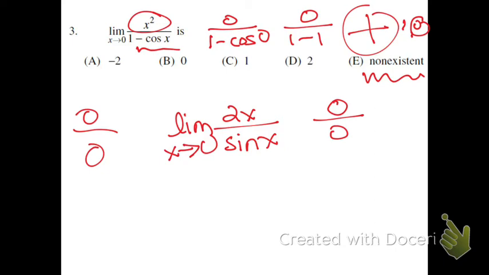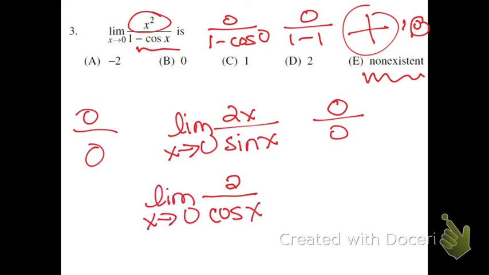So we're going to do the derivative of the top. The derivative of the bottom, derivative of sine is cosine. And reevaluate that limit. Now we have 2 over cosine of 0, and the cosine of 0 is 1. So this is 2. Okay, here's another one.